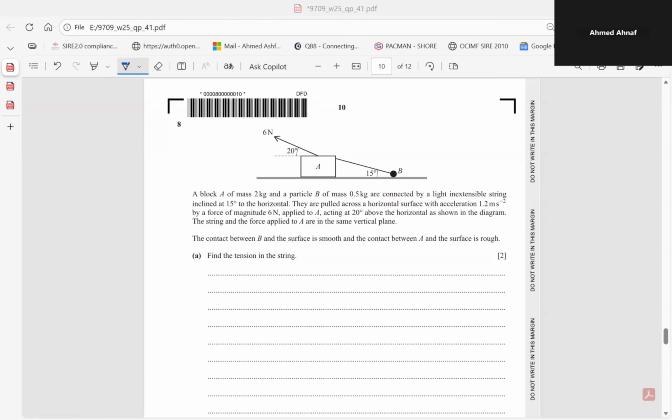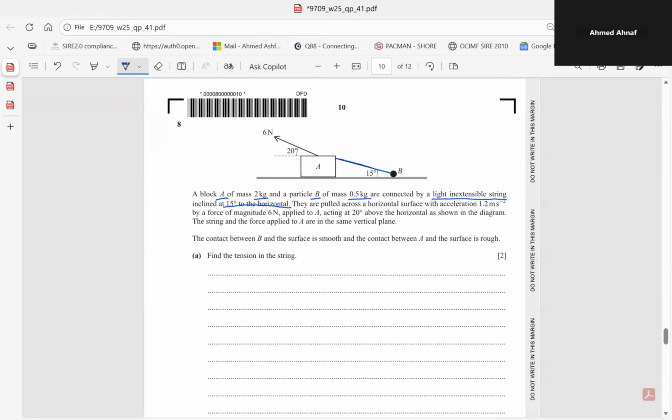Okay, so for this final question, we're told that a block A of mass 2 kg and particle B of mass 0.5 kg are connected by a light inextensible string inclined at 15 degrees to the horizontal. So this is the string.